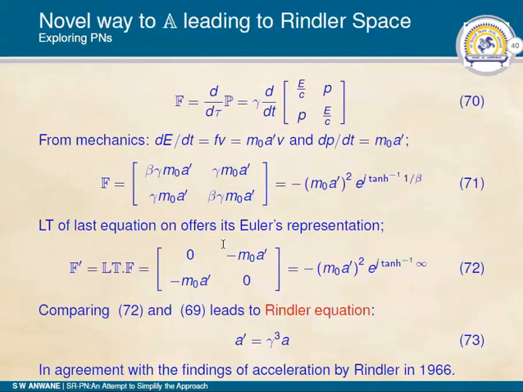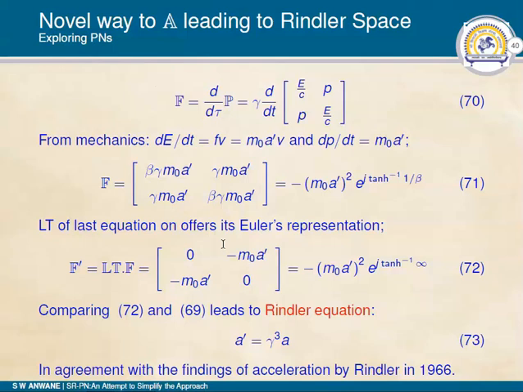Now we are in a position to explore the way to the Rindler force, which was given in the literature in 1966 by Rindler. At the end I have mentioned the paper by Rindler.